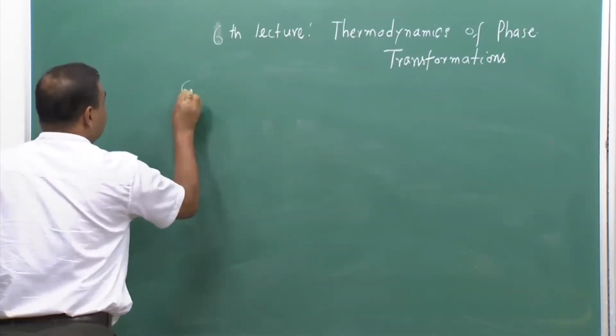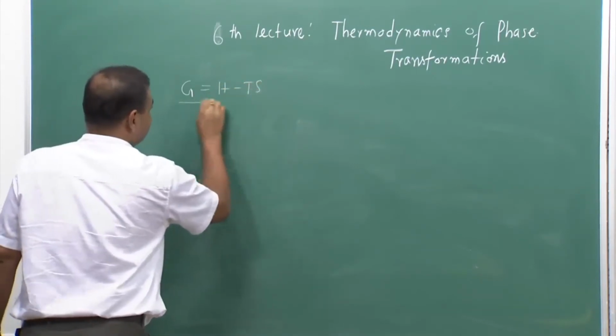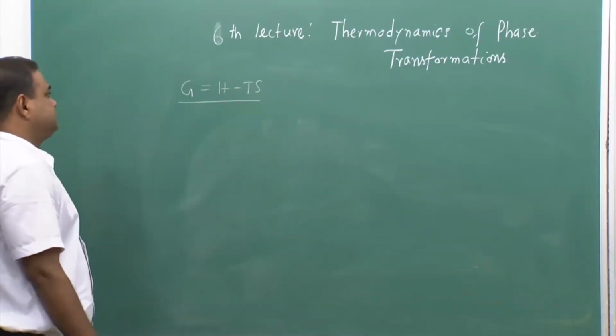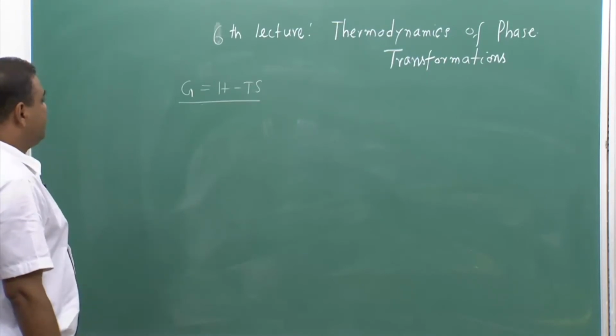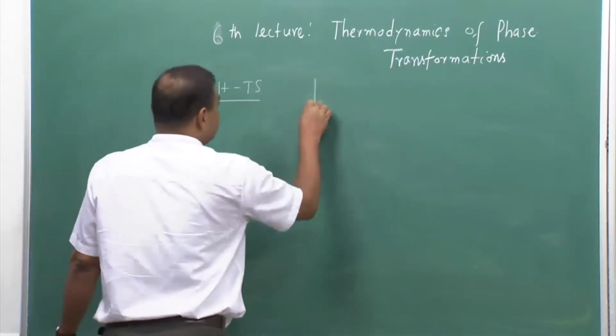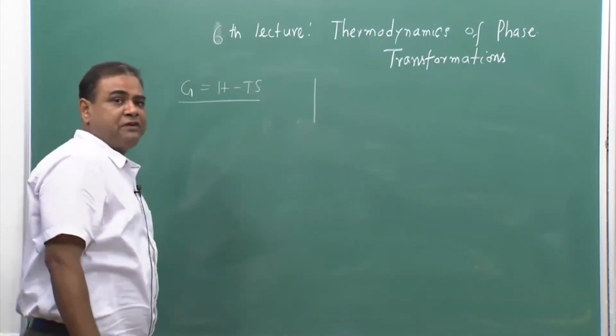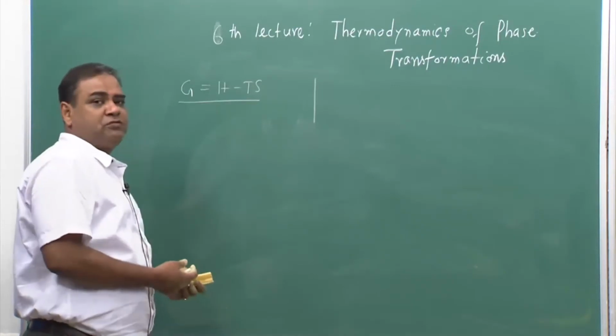Now, we know G equals H minus TS. At the same time, our understanding says that the absolute values of these state functions would not be possible to find out.